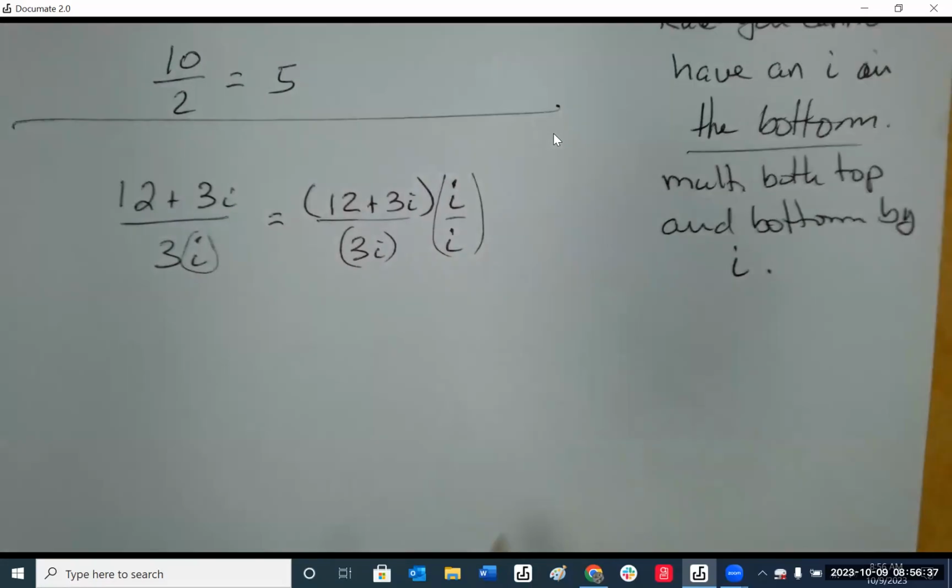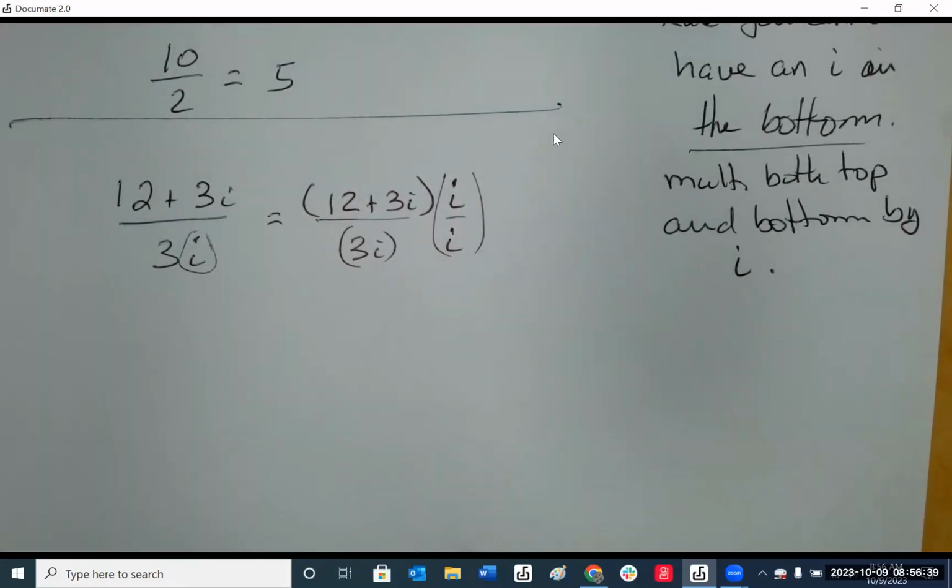Because what is i over i? Anything over itself is one. So all you do is multiply by one. You're not changing the number, you're just changing the way it looks.